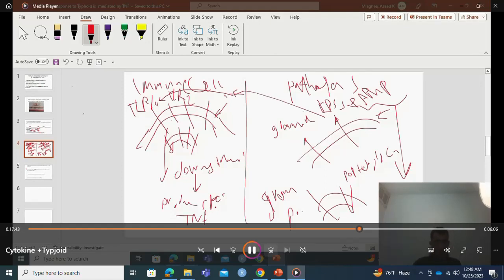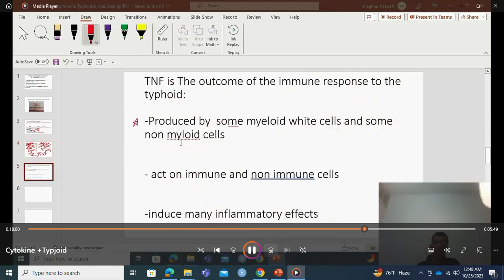This is the topic of this presentation. In turn, the TNF acts on pro-inflammatory events on the cell to clear the pathogen. So this is the summary: TNF is the outcome of the immune response to typhoid, produced by myeloid cells, meaning the innate immunity cells, not adaptive. It acts on immune and non-immune cells and induces many inflammatory effects.